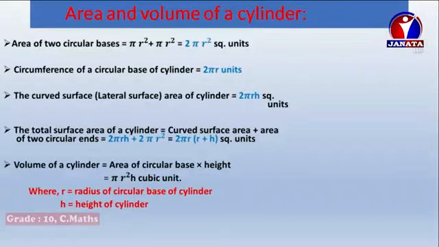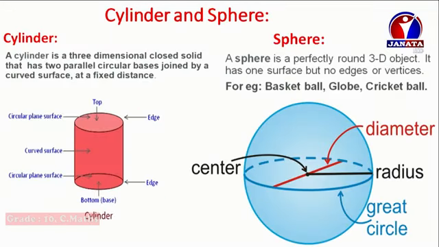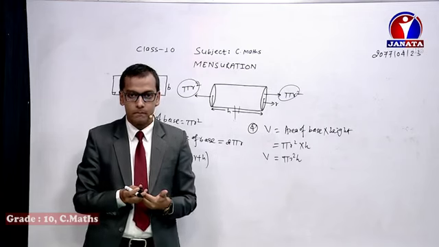I am repeating, a cylinder has one curved surface and two circular faces. So there are total 3 faces in a cylinder, but 2 different kinds: one is the curved surface and the other is the circular faces or plane surfaces.